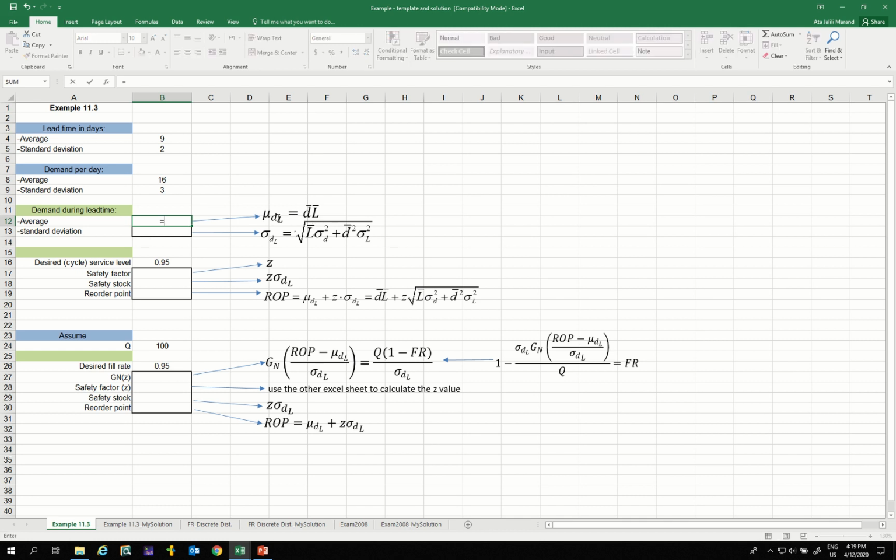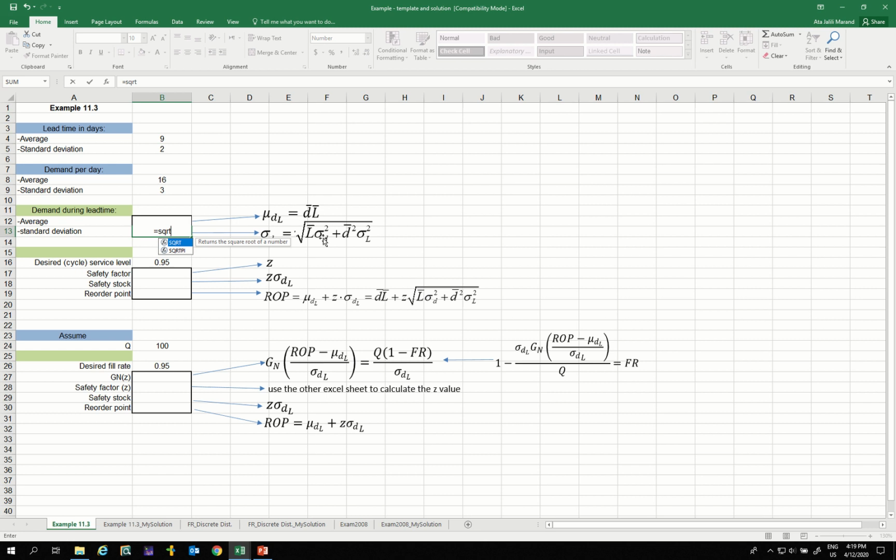I'll start with the average demand during lead time. So it is d bar L bar, the average demand per time unit, here per day, multiplied by the average lead time, so 144. And for the standard deviation of demand during lead time, I will use the formula here.